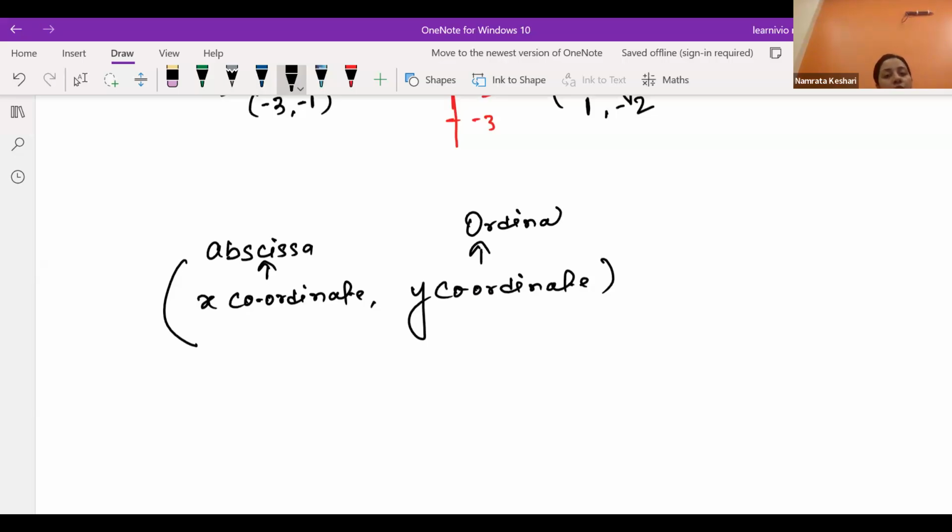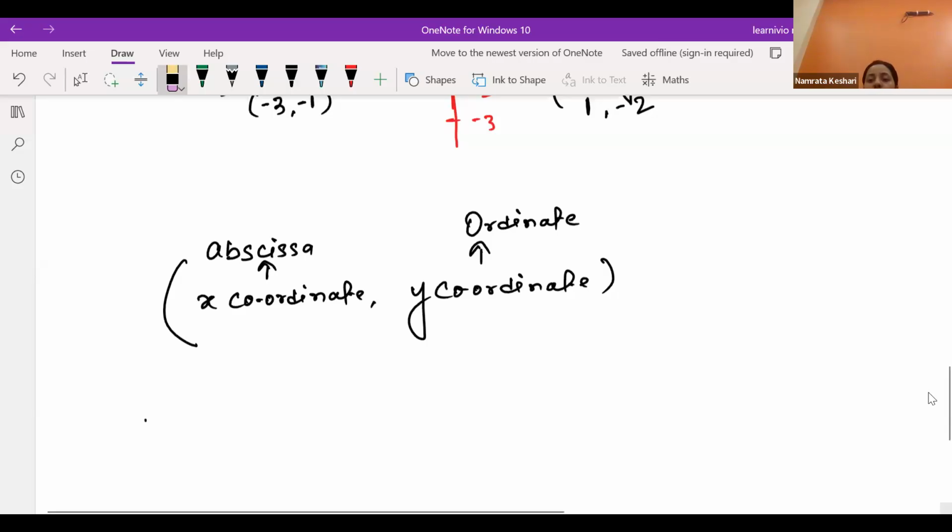So do we need to learn these names? Yes. Wherever I say that abscissa is 2, you need to understand that x coordinate is 2. If I say ordinate is 5, you need to understand that y coordinate is 5. Are you getting it, Afia and LF? Yes, ma'am.